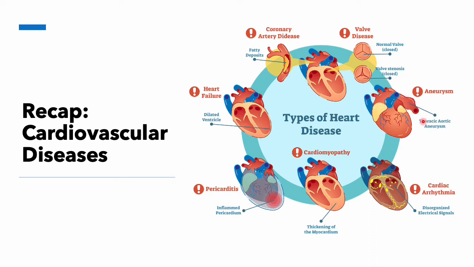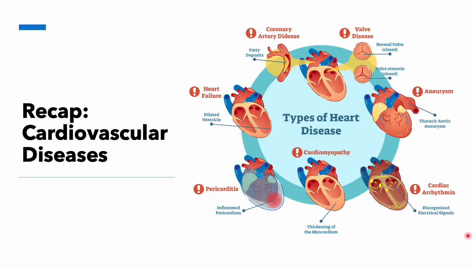An aneurysm is an abnormal dilation or bulge in a blood vessel, which is caused by a weakness in the blood vessel wall. An arrhythmia is an abnormal or irregular heartbeat which can cause the heart to pump either too quickly or too slowly.